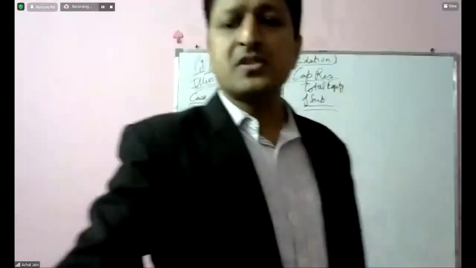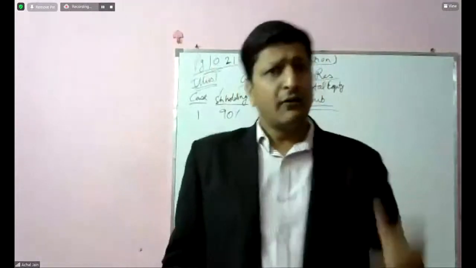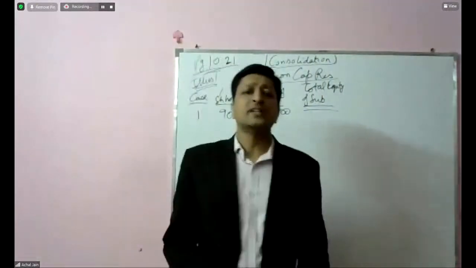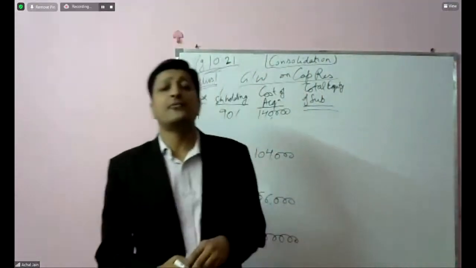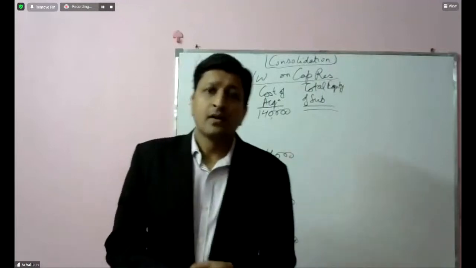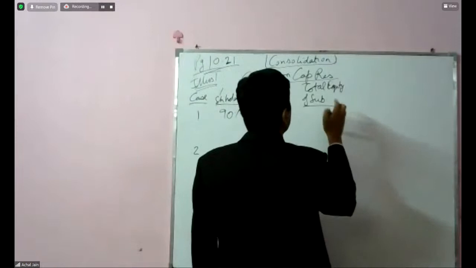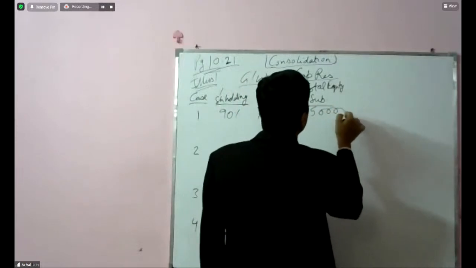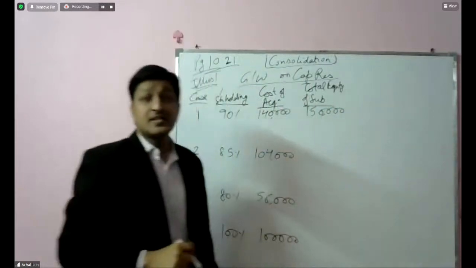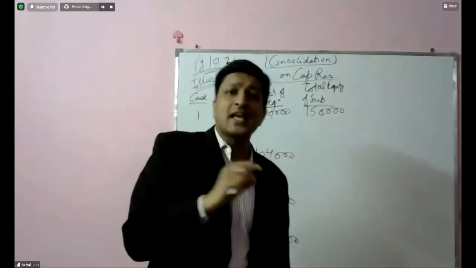In the first scenario, what is that amount? 1 lakh plus 50,000. We are computing this on the date of acquisition. 1 lakh 50,000. This is the amount of total net assets of the subsidiary.